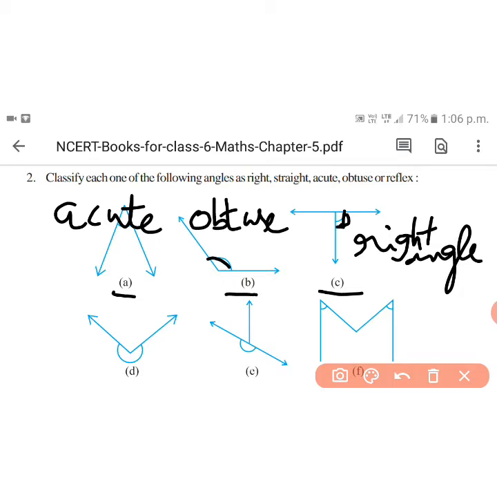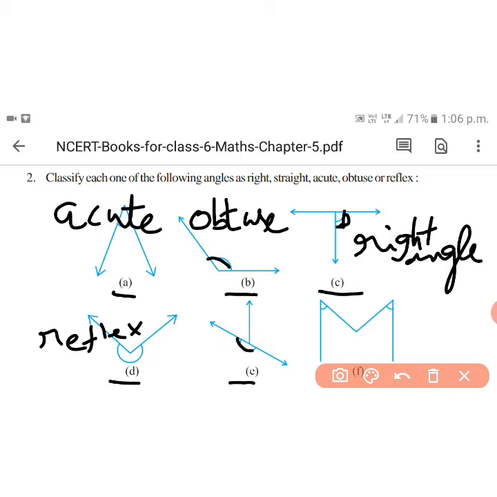D part. This angle is greater than a straight angle. So this is a reflex angle. E part. This angle is straight angle. This is 180 degree.